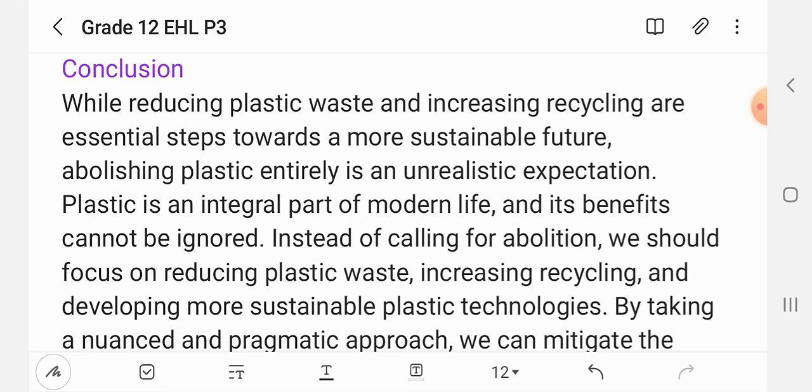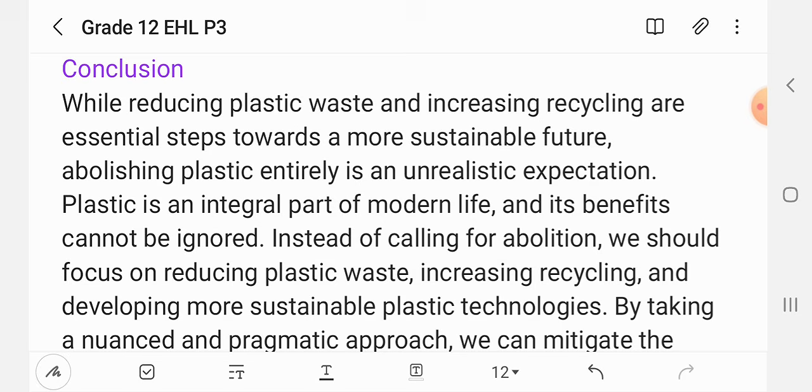The essays are the same for English, FAL, and home language. It's just that the home language ones require more words, okay? But really, the tips are the same. You both have to use figures of speech. It's just that English home language learners take them more seriously than first additional language learners. But you all need to know English, okay?